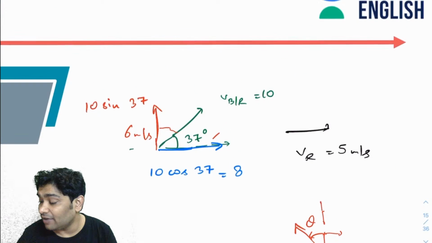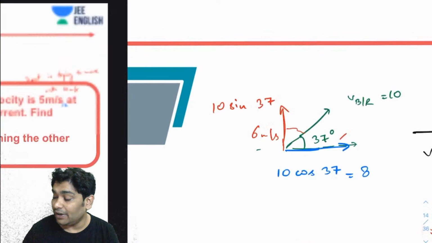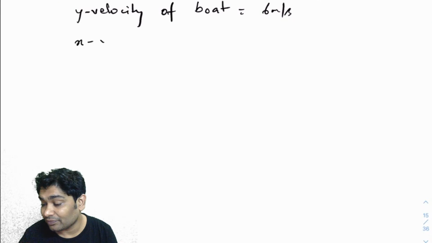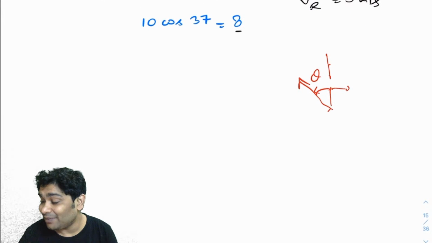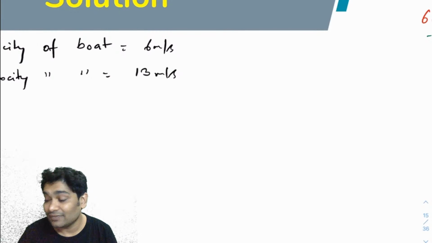This is my y and this is my x. Similarly, the x velocity of the boat is nothing but this 8 plus 5, so 13.